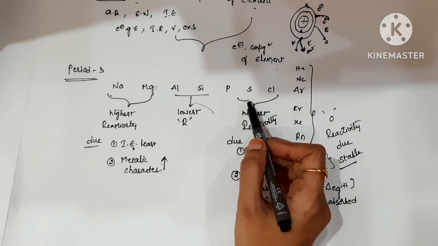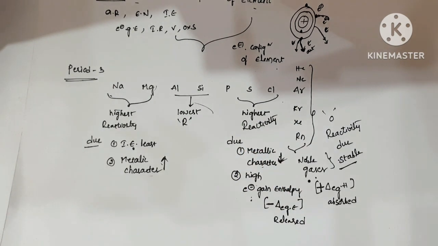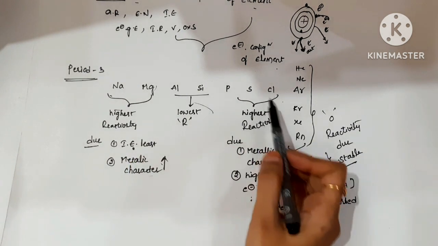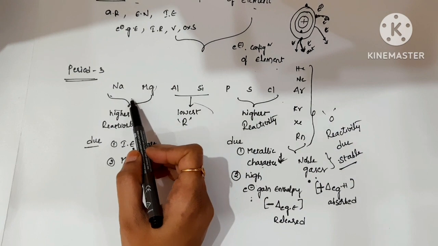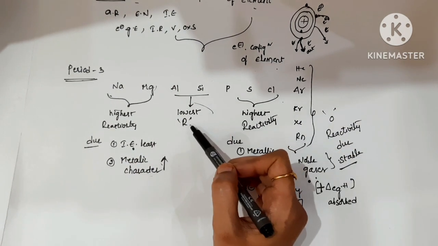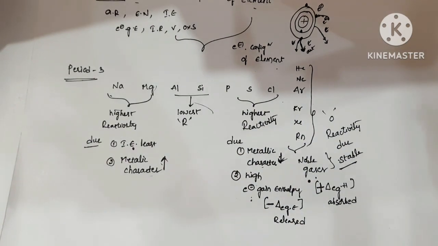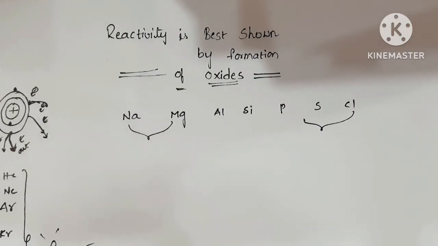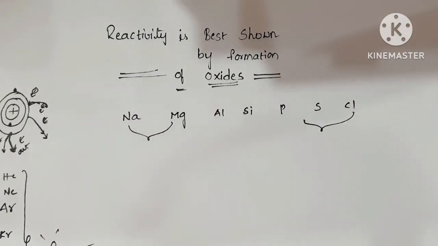That's why reactivity is highest at two points: the left side of a period and the right side of a period, and lowest at the center. Reactivity nature is best shown by the formation of oxides.